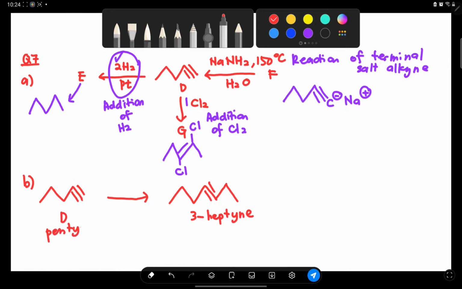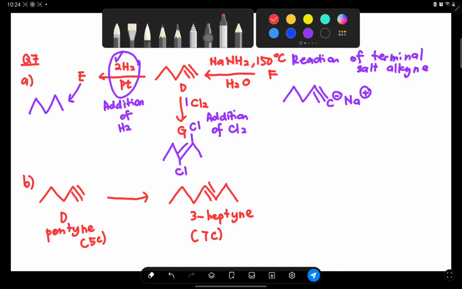Here you have 5 carbons, so the chain will become longer, to 7 carbons.